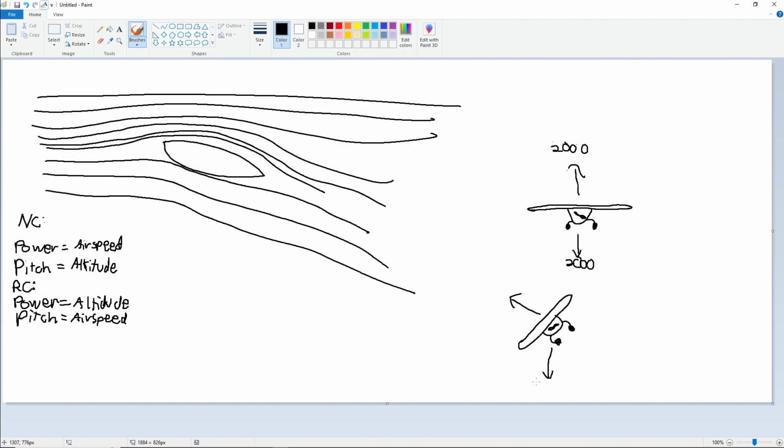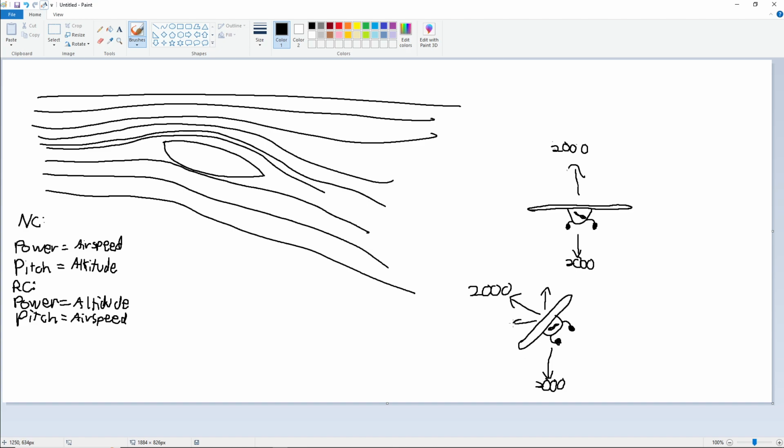And we still have 2,000 pounds this way. The aircraft still weighs 2,000 pounds. And if this aircraft just turns, kind of like a screwdriver, it's flying along, all of a sudden it just twists like a screwdriver, this aircraft is going to descend because now we're not creating enough lift to support the aircraft's weight.